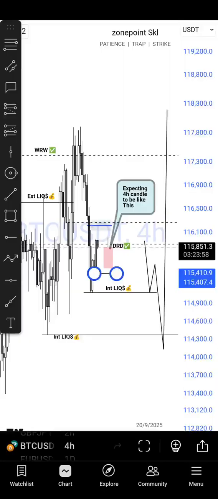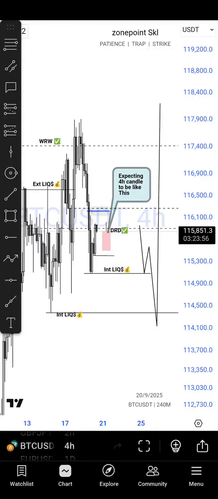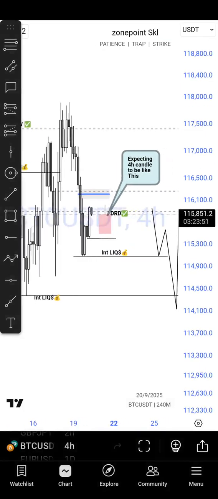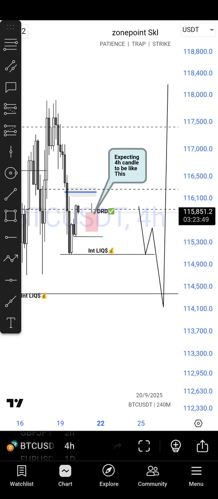Expecting 4 hours candle to be like this. So let me save it. This is what I'm expecting the 4 hours candle to look like.